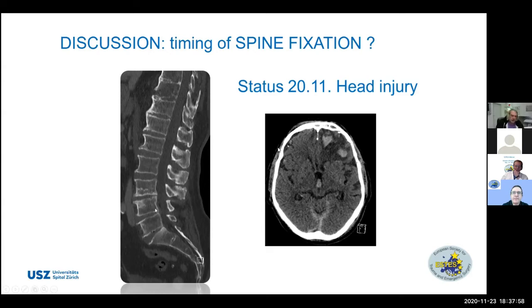Well, we would have done it also very late. Our spine surgeons would have done it as soon as he tolerated it, after getting rid of the X-fix. Exactly. I think so, because I had a really bad feeling several times, because you could have argued to do the spine first.